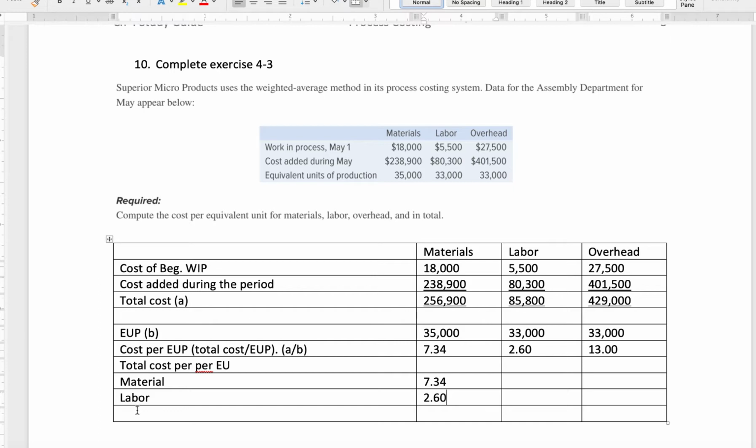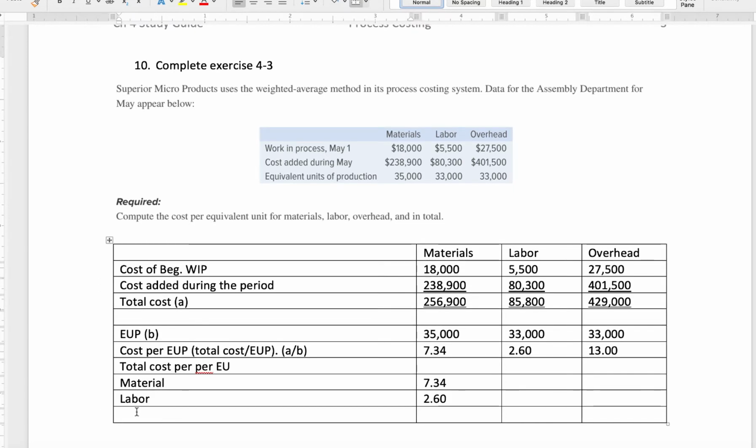And the cost per equivalent unit with respect to overhead is $13 per unit. Sorry guys, hit tab again. So if I add all these up, that adds up to $22.94.